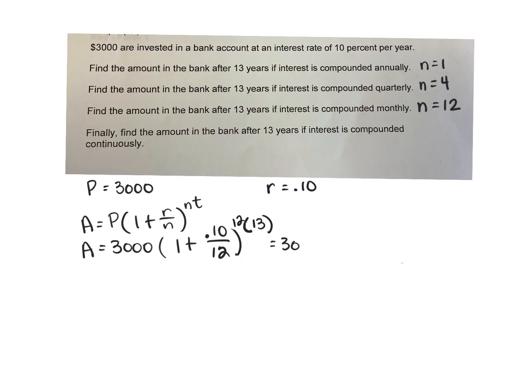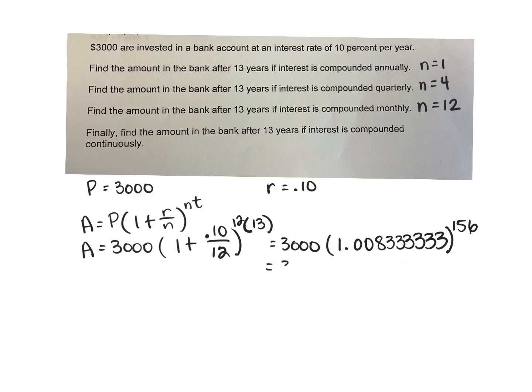So again, you keep your 3,000. 0.10 divided by 12 gives me 1.0083 repeating. So you want to put more than just 1 3 out there. And then 12 times 13 is 156. So we raise the 1.0083, all the threes, to the 156th power.